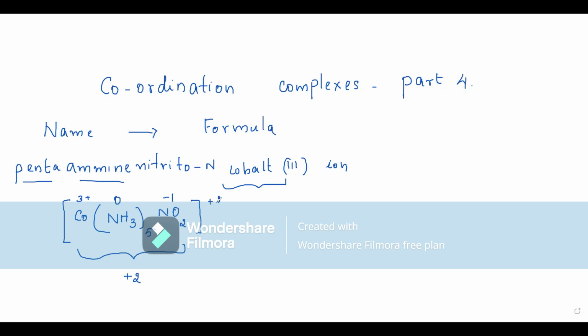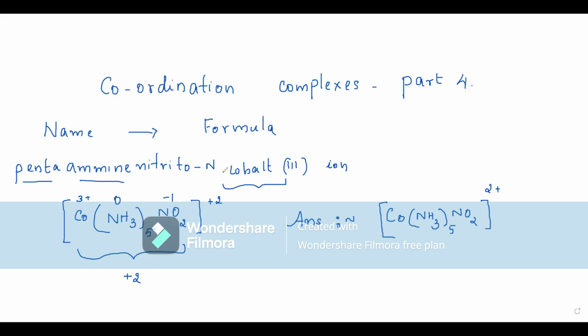So plus 2 has to be the charge on the complex ion. So the formula of the compound is [Co(NH3)5(NO2)] 2 plus.